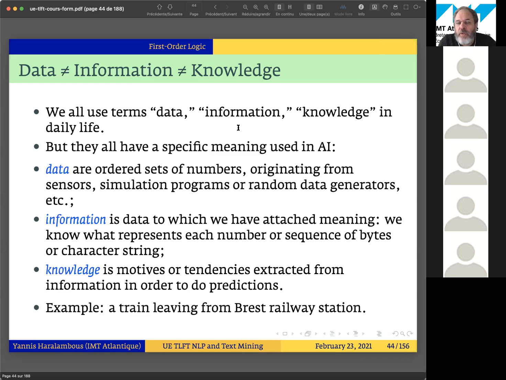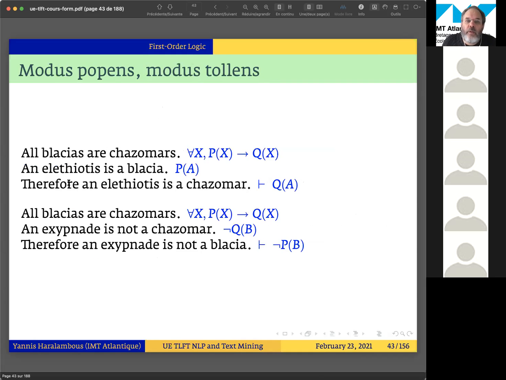And artificial intelligence likes to grab and represent information, but also knowledge. To represent knowledge, we need a knowledge representation language. And the formalism we saw here is a knowledge representation language.